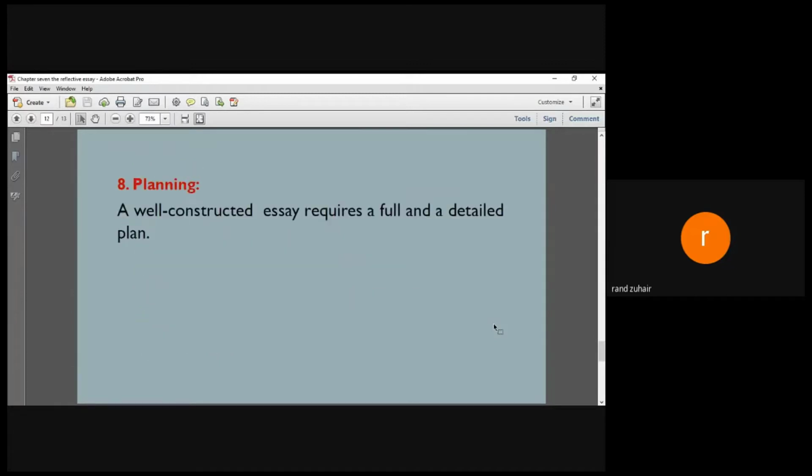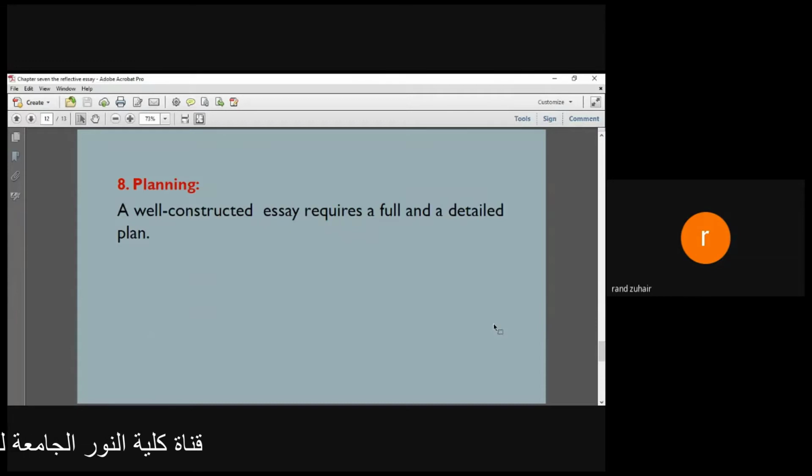8. Planning. Each essay will be more effective, more organized, more effective to the reader. Why? Because there is a plan, and it will be easier for the writer himself, and closer to the reader if it is well arranged. Since the writer used a plan and followed it to write his essay, it will come out well organized.